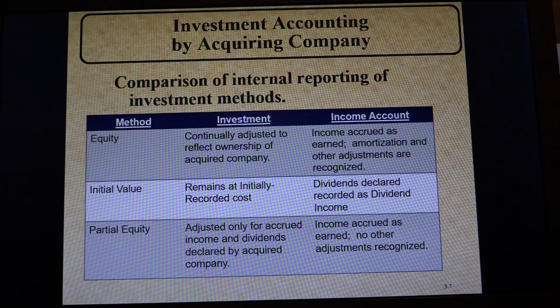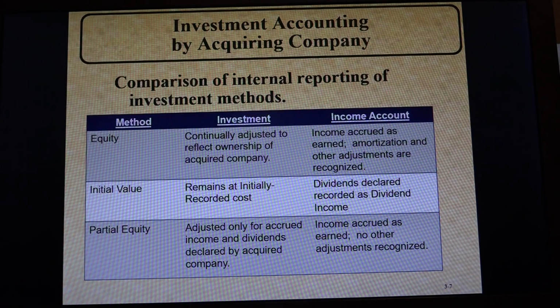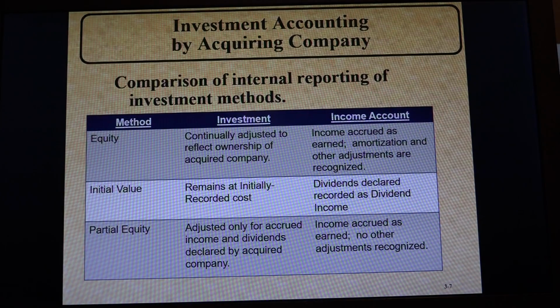Dividends declared are recorded as dividend income. You've seen that before, haven't you? In Chapter 1. Partial equity is adjusted only for accrued income and dividends. No other adjustments recognized.